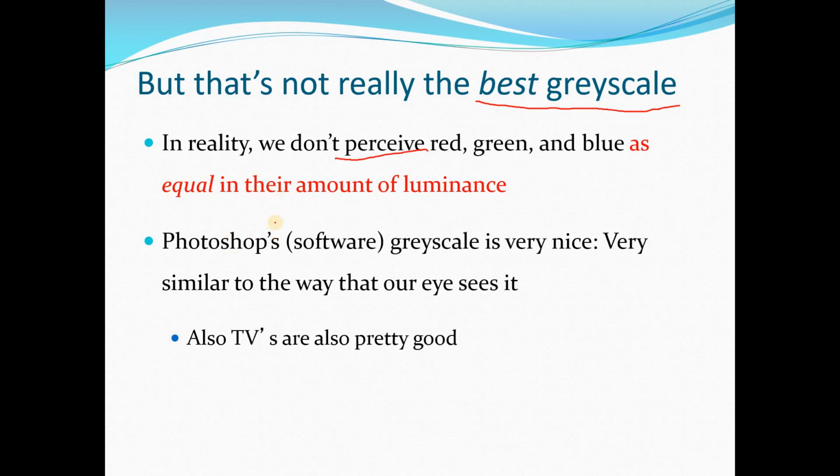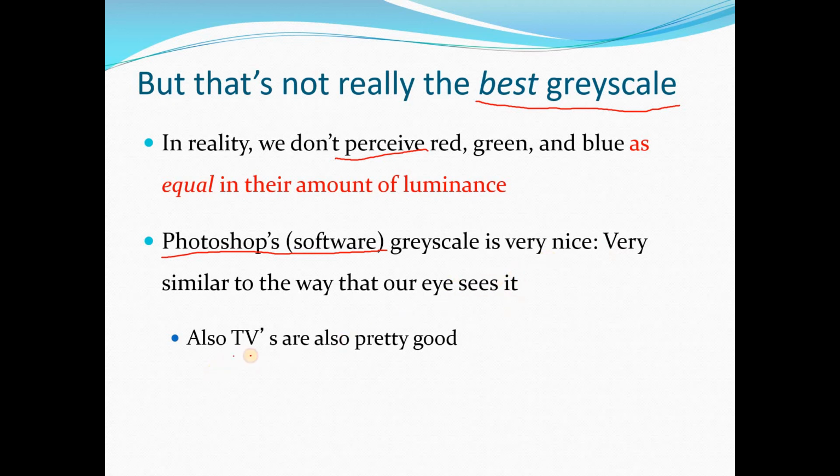So the grayscale conversion we did over here was okay, but practically it is not as good as professional software like Photoshop. The grayscale that is produced by Photoshop is very nice, and very similar to what we can see with our eyes.